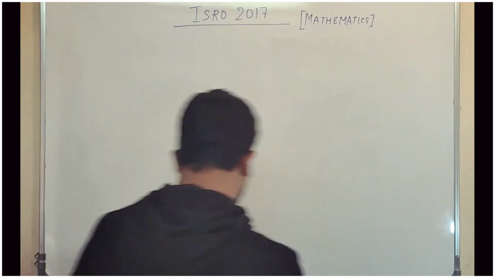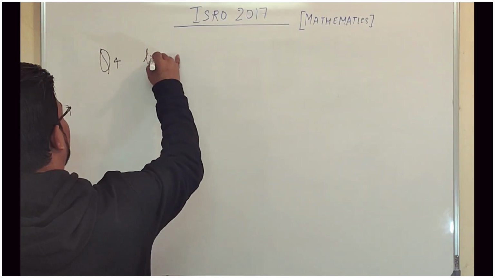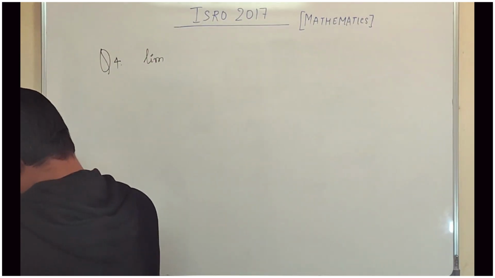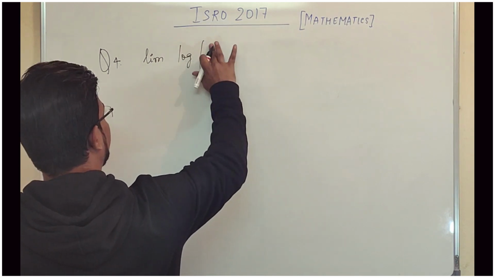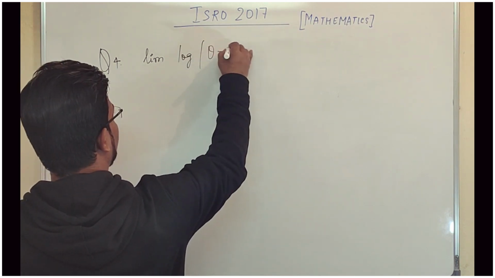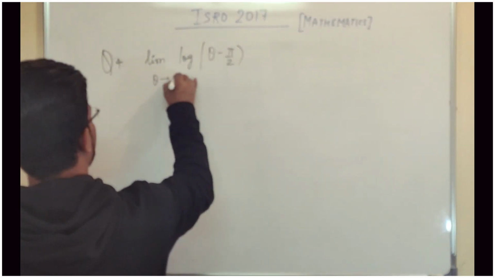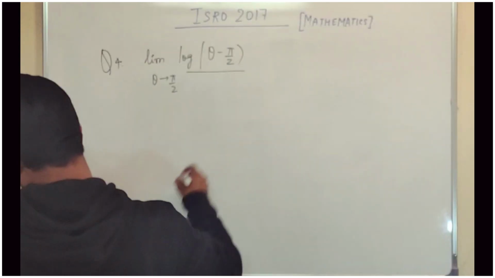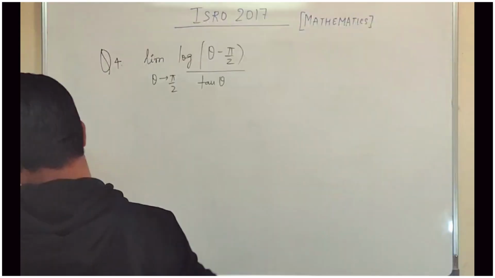Let's write question 4. Question 4 is the limit of log of theta minus pi by 2, as theta tends to pi by 2, divided by tan theta. I need to solve this.